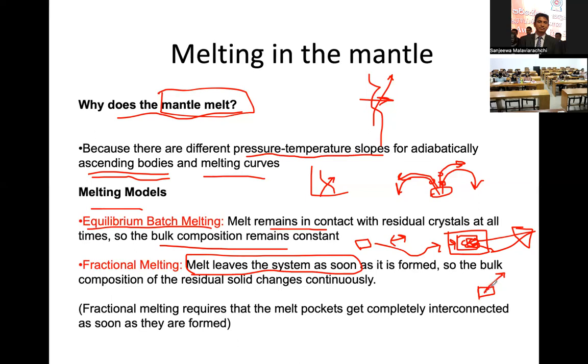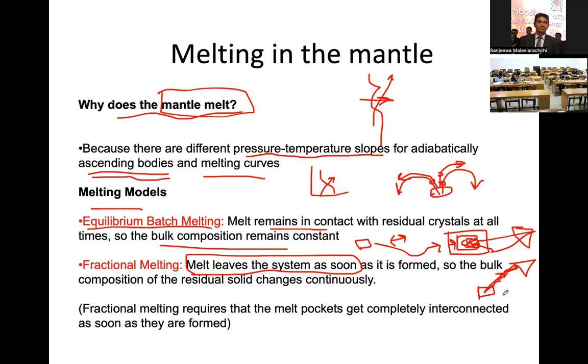It will go out and concentrate or accumulate in fractures or some weak zones, and then it will make a conduit and go out as a melt conduit or melt pipe. So you can't always expect that the melt will remain with the solid.